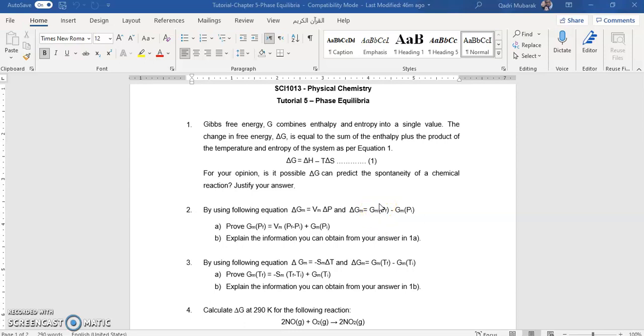So the question asks us to prove molar Gibbs energy at the final pressure equal to molar volume times final pressure minus initial pressure, plus molar Gibbs energy at initial pressure, and try to explain the information that we can obtain from our answer in 1A.